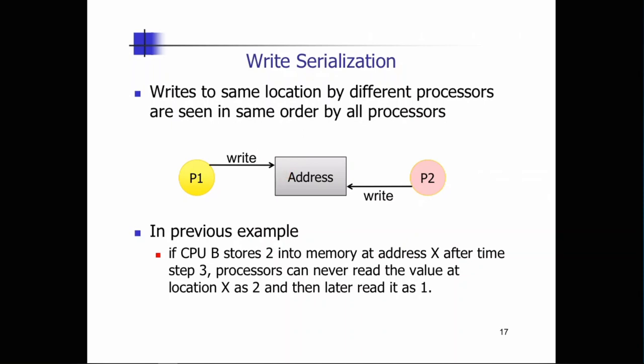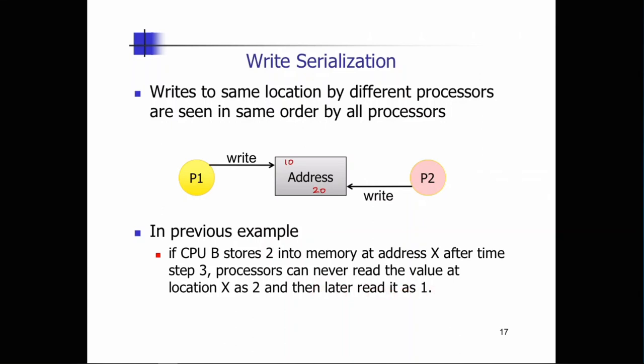So if, say, P1 writes 10 to address X and P2 writes 20, then all other processors know that this is an old value and this is a new value. So in the previous example, if CPU B were to store 2 in memory address X after CPU A stored 1, so after time step 3, other processors in the memory system can never read the value at location X as 2 and then later read it as 1.